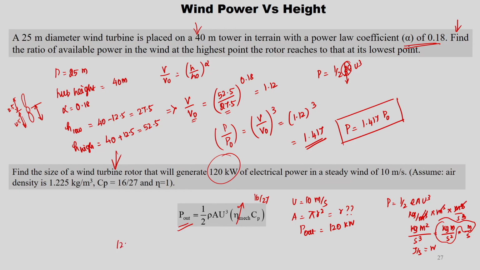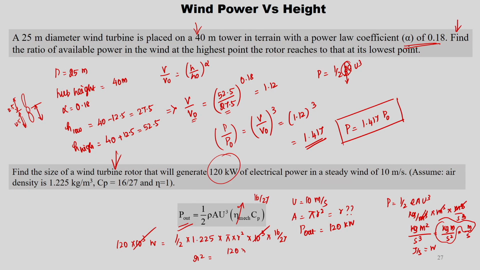So, P out is given as 120 into 10 to the power of 3 watts, rho is given 1.225, area we do not know, pi into r square, and u is given as 10 to the power of 3, mechanical efficiency is given as 1 and Cp is given as 16 upon 27. If you want to calculate r square, the 10 to the power of 3 we can cancel out.